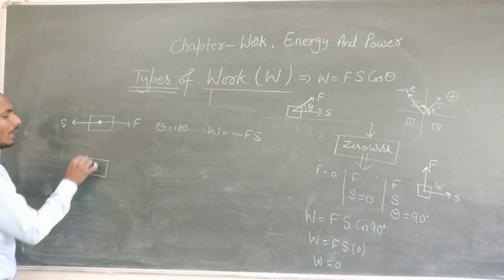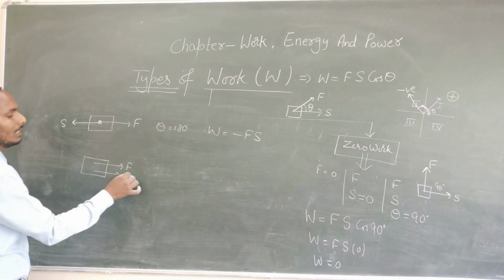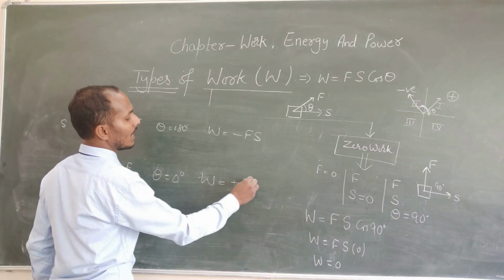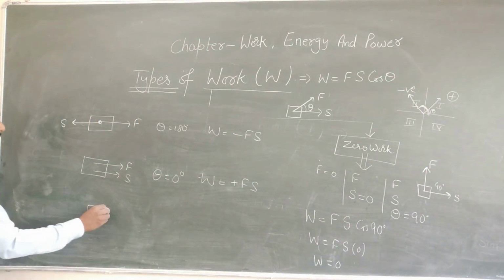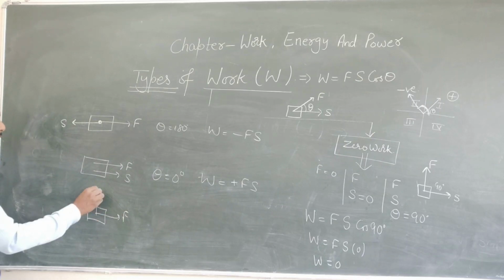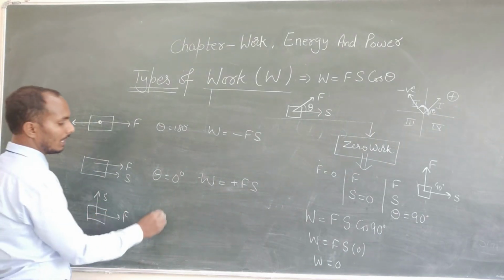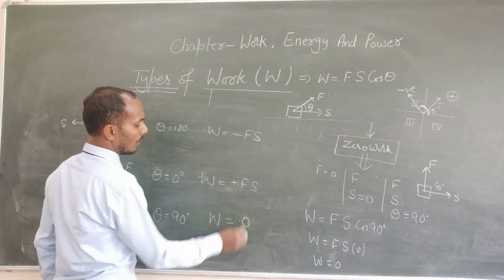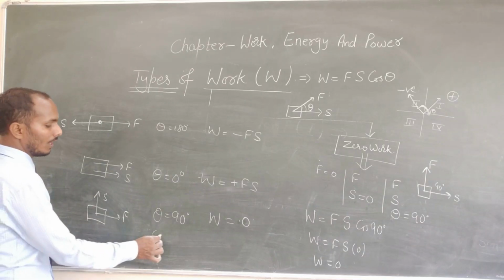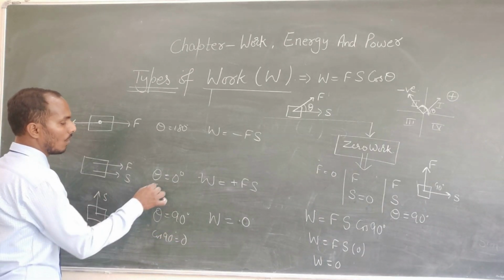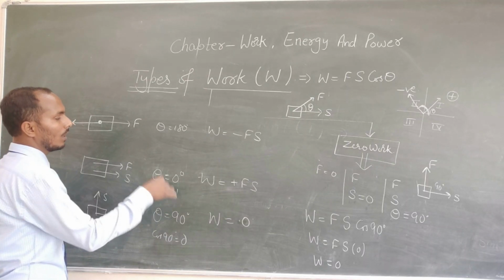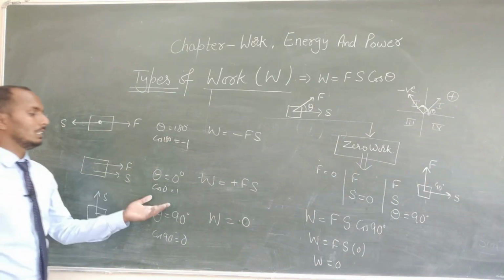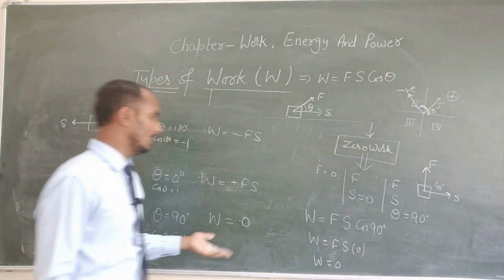When you apply a force on a body and the body is displaced in the same direction, the angle is 0 degrees, then work becomes plus Fs, so it is positive work. But when you apply a force on a body and the body is displaced at 90 degrees, the angle is 90 degrees and work is said to be 0, because cos 90 degrees is 0. Cos 0 degrees is 1 and cos 180 degrees is minus 1. When these terms multiply with this, we get this formula.